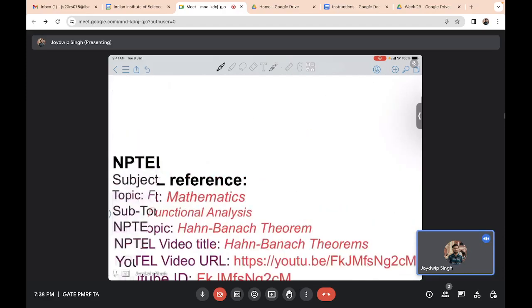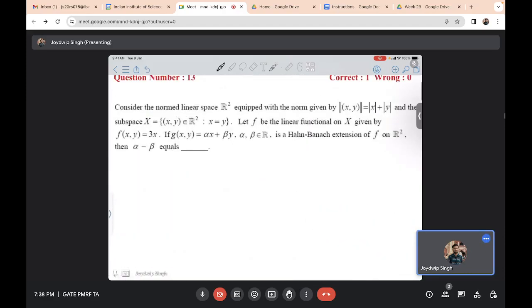Then the G, what you will get, is basically beta y. If alpha is 0, then beta will be 3 by 2.